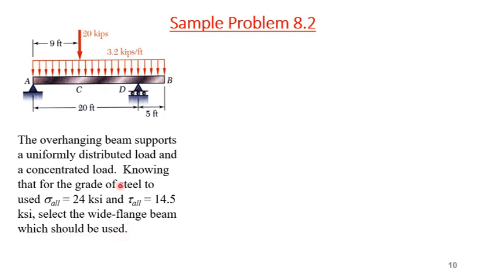So we have to select a W beam for this problem, where sigma allowable is 24 ksi and tau allowable is 14.5 ksi. It means the maximum principal stress, not just the bending stress, is sigma allowable, and the maximum shear stress is tau allowable, and we have to design according to that.